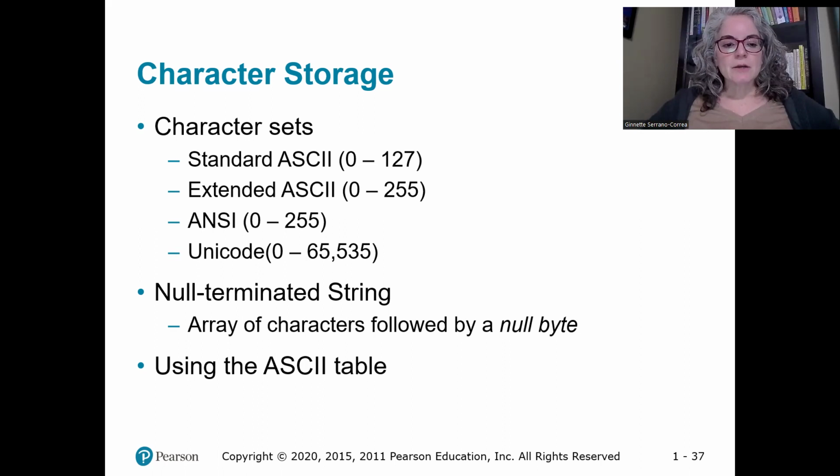Null terminated strings: an array of characters is always followed by a null byte. We've talked about that in high-level languages.